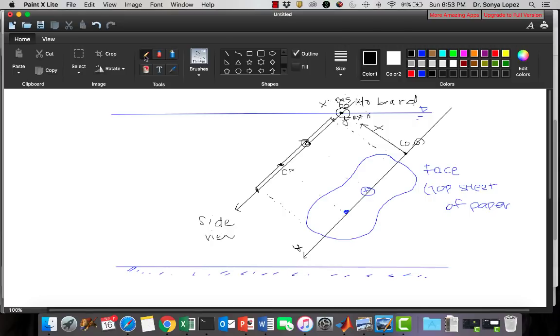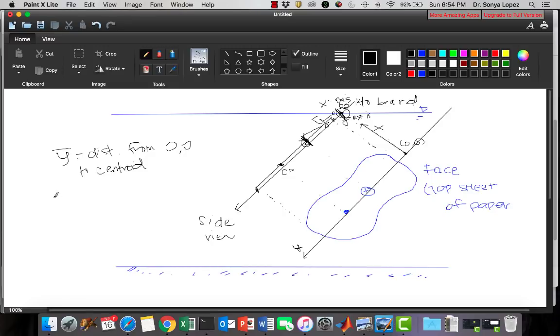All right, now let's start labeling some stuff. This distance from this point to this point is called y bar, which is your distance from the 0, 0 plane to the centroid.